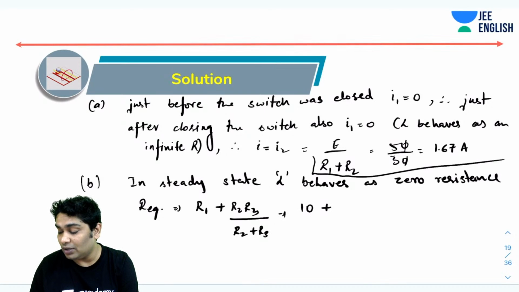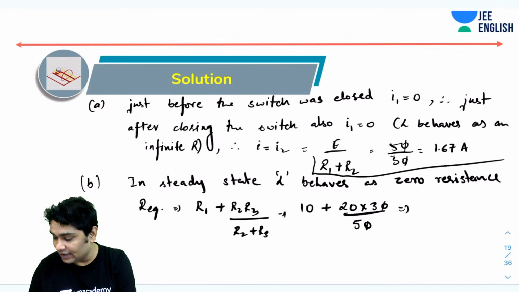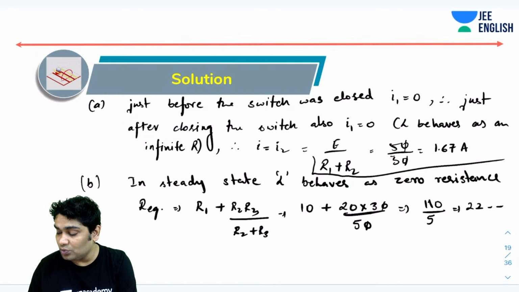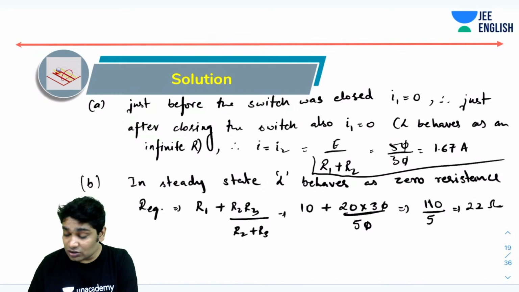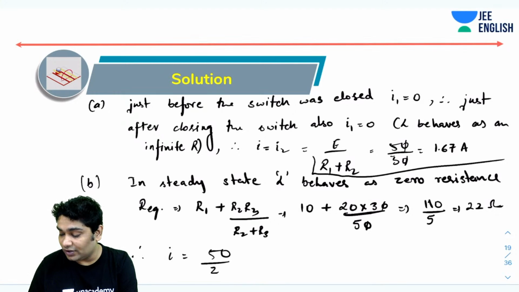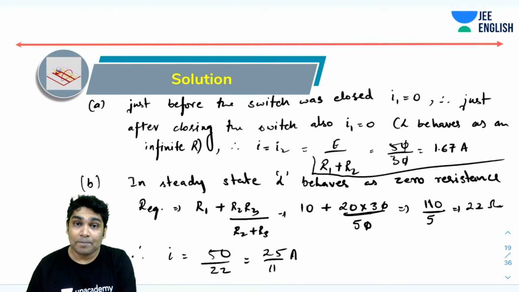So that will be 10 plus 20 into 30 over 50, that is 3 by 5 of 20, so 50 and 60, that will be 110, which is 22. 22 ohms is the equivalent resistance. So therefore, I would have been 50 over 22 or 25 by 11 amps. Okay, so I is the current through R1.